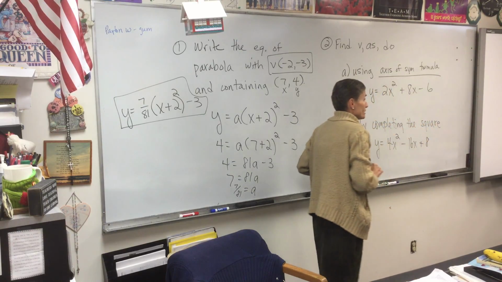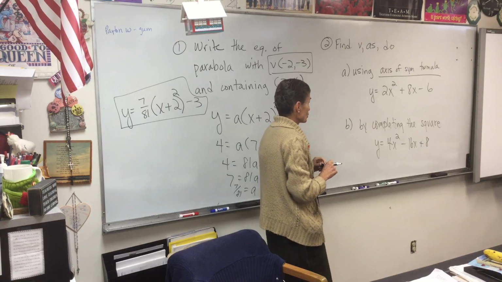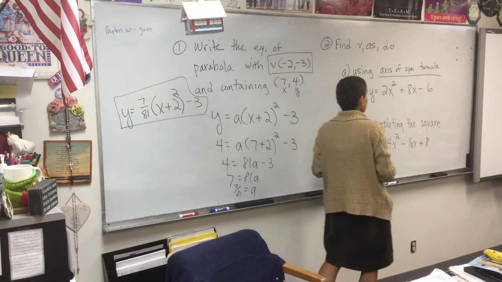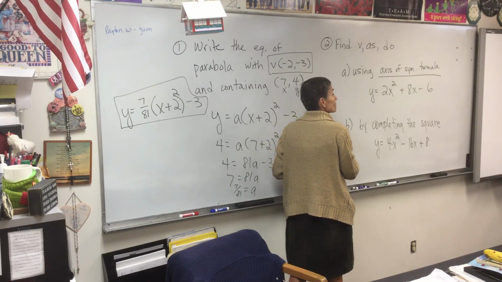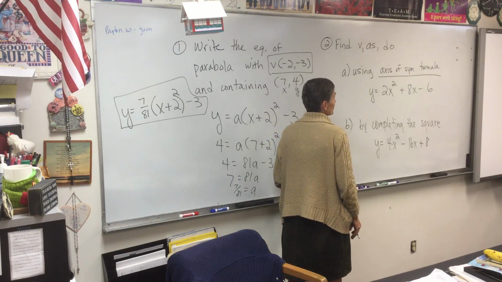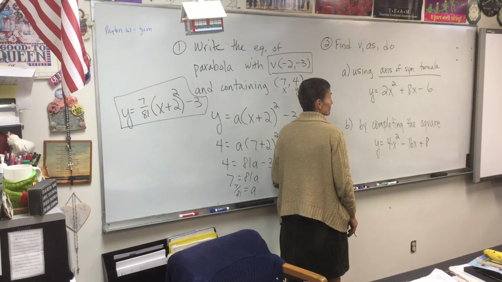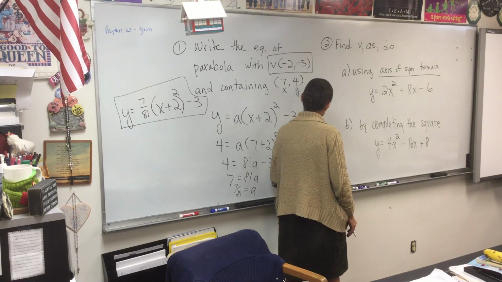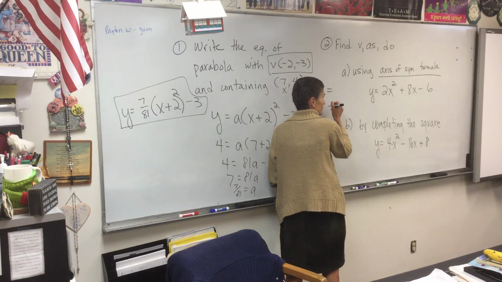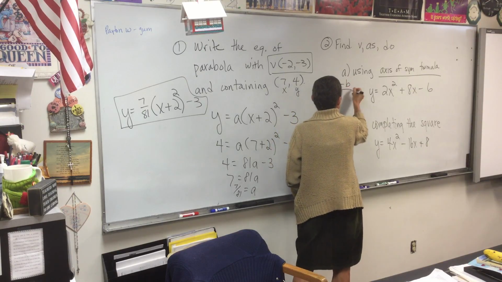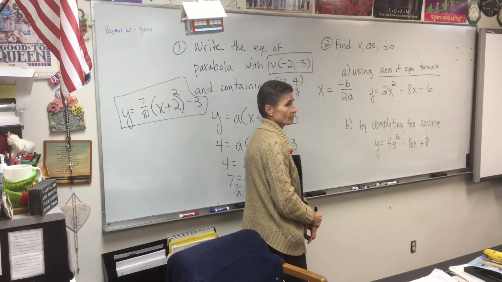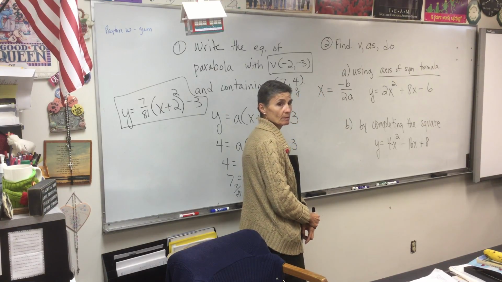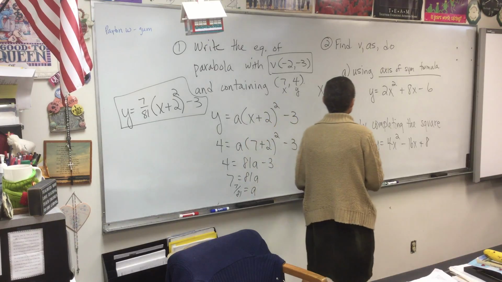Follow the directions. Lucas Jones, what is my axis of symmetry formula? X equals negative b over 2a. All right, so here we go.